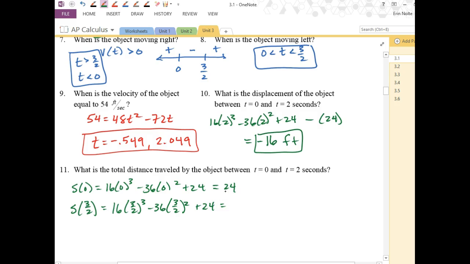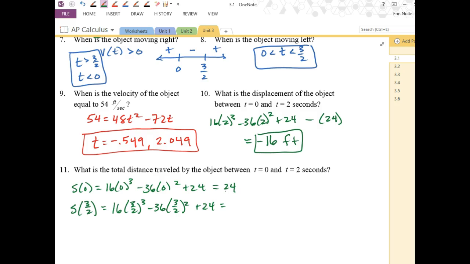Okay, I'm going to give you guys a second to figure that out. On number 10, all I did is the position of 2 minus the position of 0. This part right here, you know my position function, the original function?